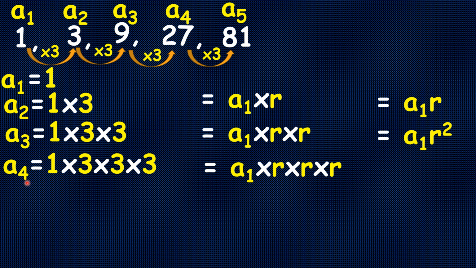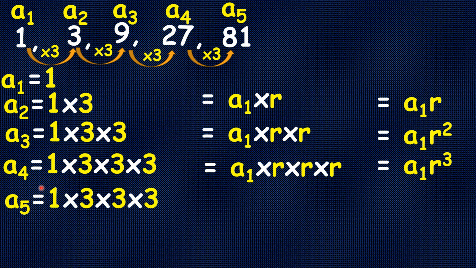Now, how do we get the fourth term? First term times 3 times another 3 and times another 3. So it is the first term, which is A1, and that 3 multiplied in 3 places means R multiplied in 3 places, which gives us A1 times R raised to the power 3. 3 plus 1, we're just using it as our own personal check, is 4.